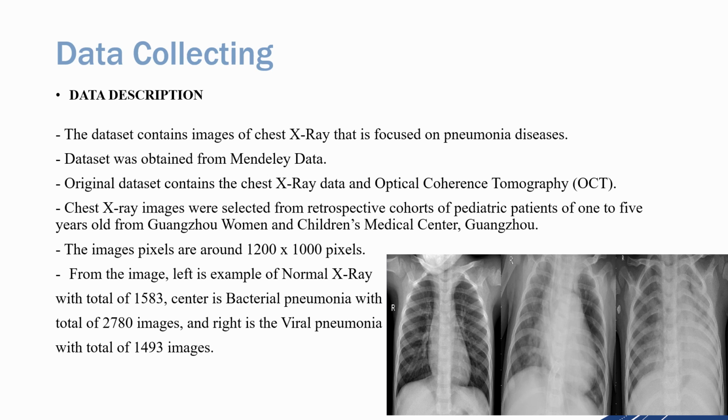The center one is the chest X-ray with bacterial pneumonia with a total of 2780 images, and the right one is the viral pneumonia with a total of 1493 images.